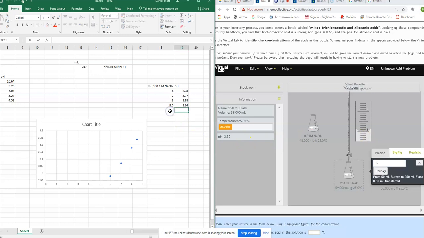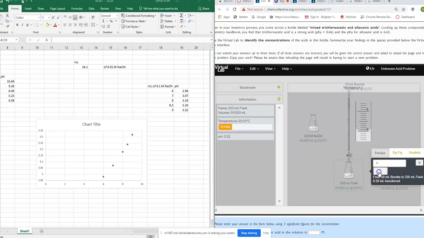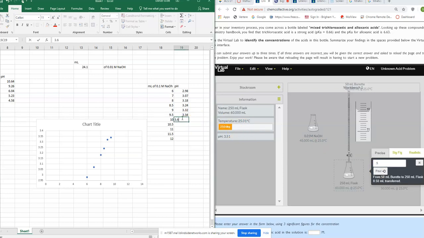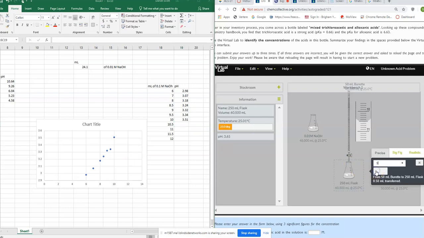Nine, 3.32. 3.34. 3.51. 3.65. 3.86. 4.24.